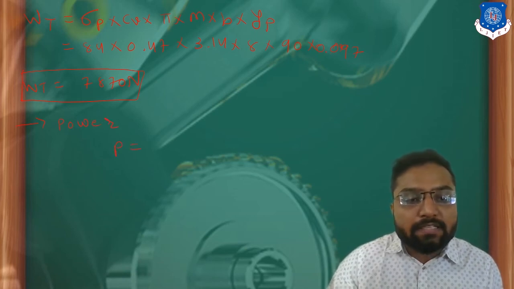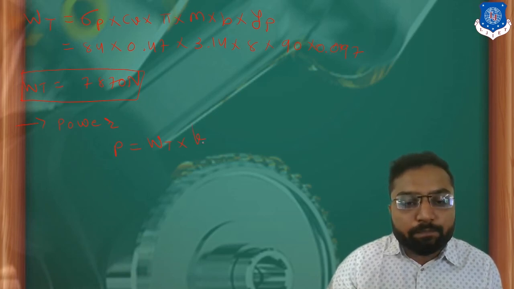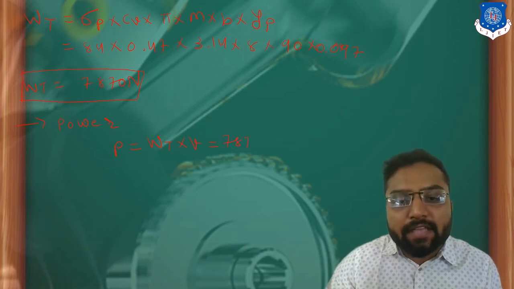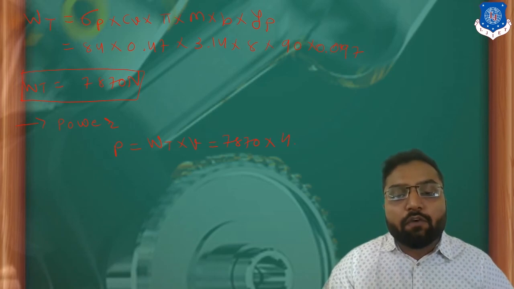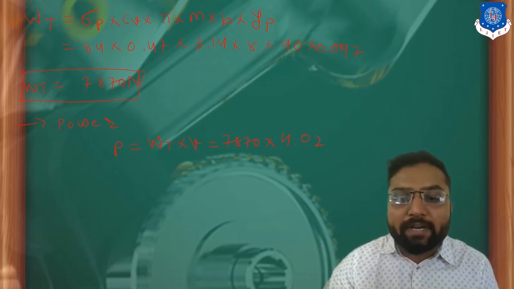Our P is equal to WT into velocity V. So WT is 7870 newtons into the velocity which we have found, 4.02 meter per second.